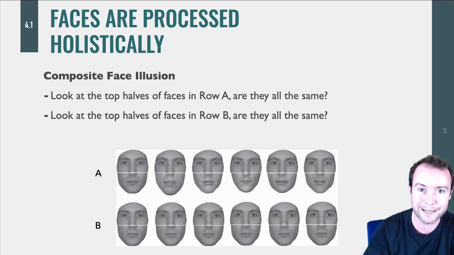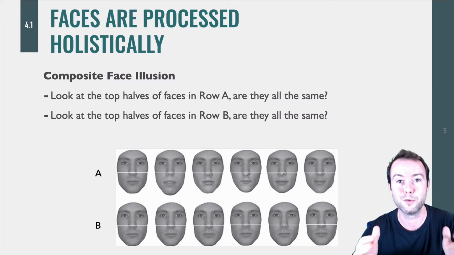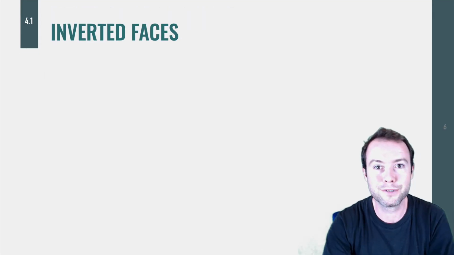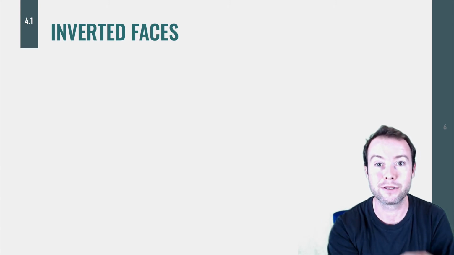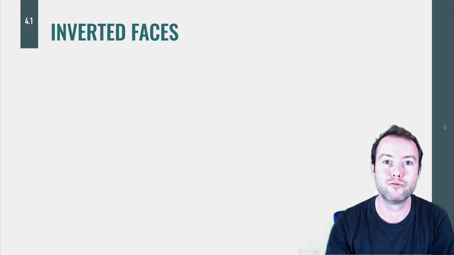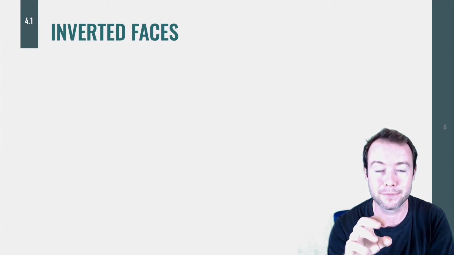So it's indicating that there is something unique about the way that we're automatically processing the entire face when we look at it, and it really influences our perception of the face. So some additional insight into the fact that when you look at a face, you end up processing everything together, including the configural information, rather than processing individual parts separately.